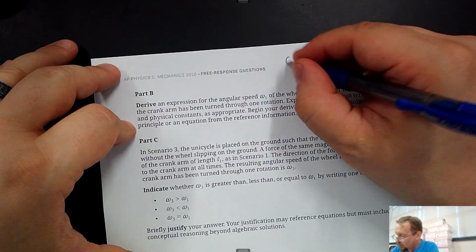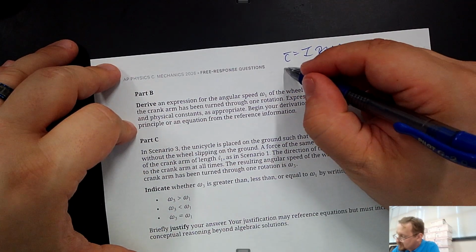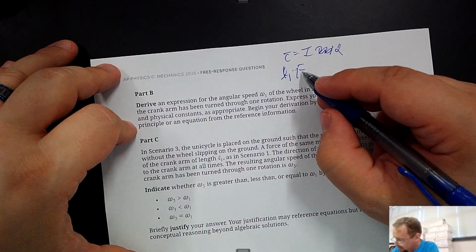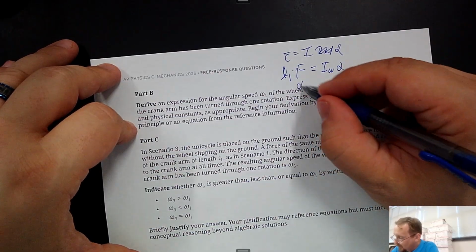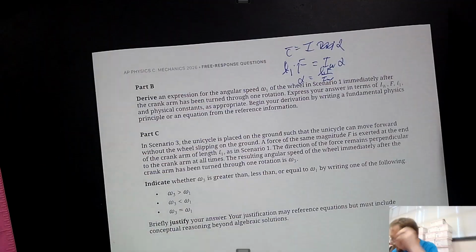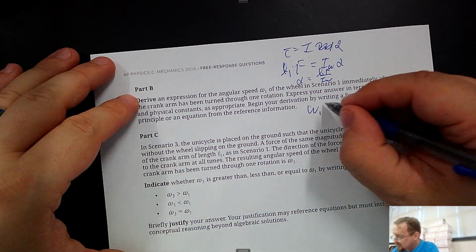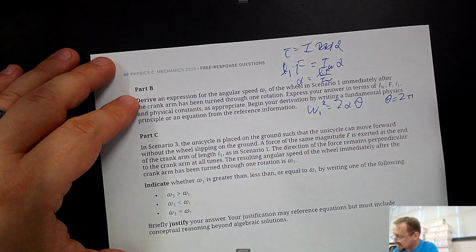So we're going to start with torque equals I alpha. Okay, so the torque is going to be L1 times the force, with no sine theta because it's perpendicular, equals IW times alpha. So alpha is L1 force over I of the wheel. Okay, now I'm going to say omega 1 squared equals 2 alpha theta, with theta being one rotation, that's 2 pi.